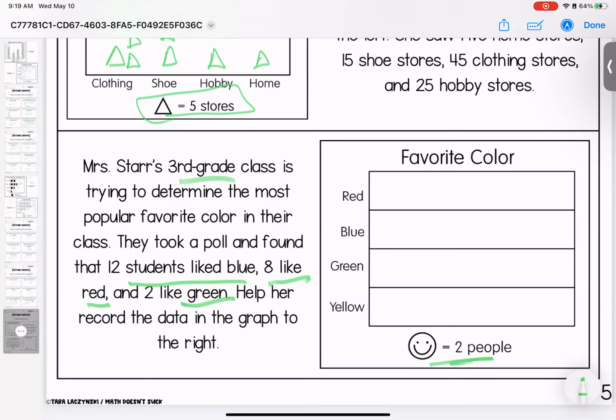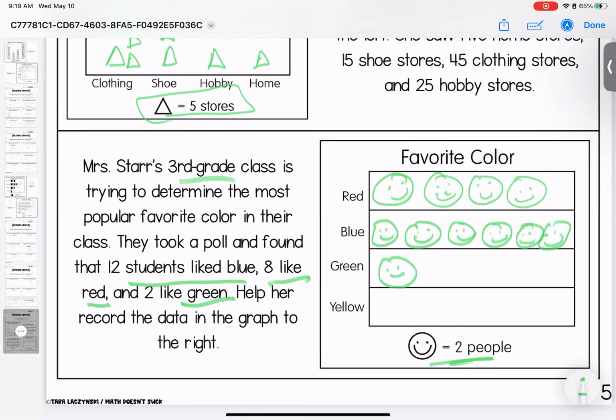So if we start with red, because red's at the top, we have 8, counting by 2's: 2, 4, 6, 8. Going to blue, blue had 12. So 2, 4, 6, 8, 10, 12. Green, we had 2, so just 2.